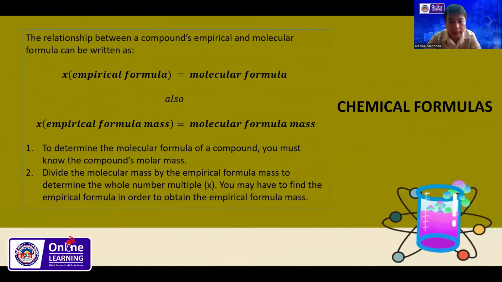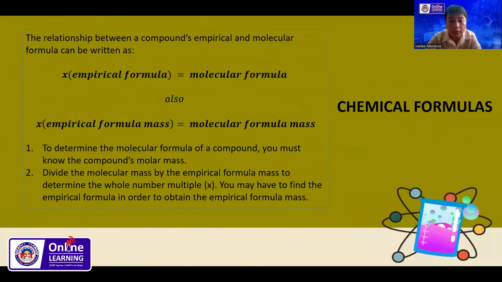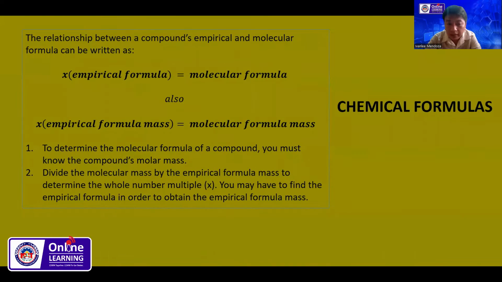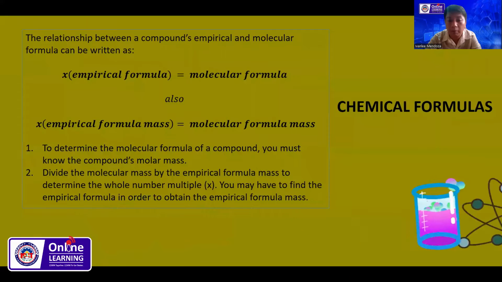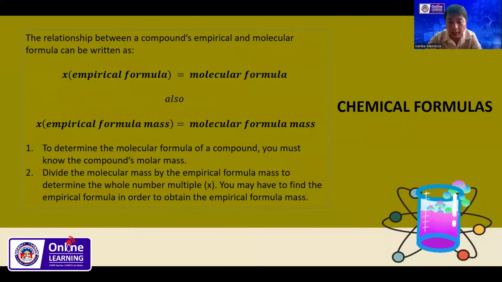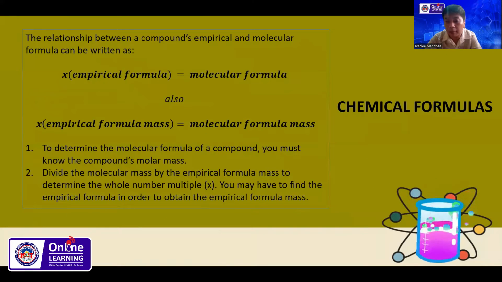Now, for the steps, number 1, to determine the molecular formula of a compound, you must know the compound's molar mass. Second, divide the molecular mass by the empirical formula mass to determine the whole number multiple X. And then you may have to find the empirical formula in order to obtain the empirical formula mass.